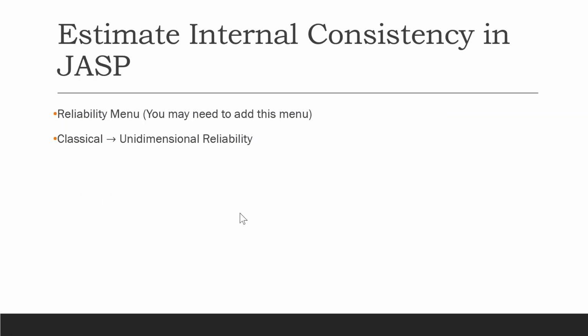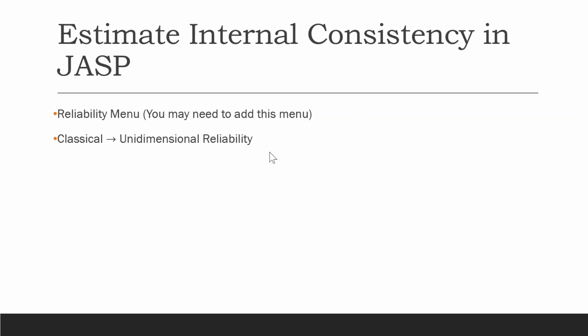In order to get our internal consistency estimates in JASP, we're going to have to add a reliability menu if it is not already there. And then within that reliability menu, we're going to go to classical and then unidimensional reliability. Notice here I'm using that word unidimensional. I didn't talk about it before. I remember saying single construct or measuring an underlying construct.